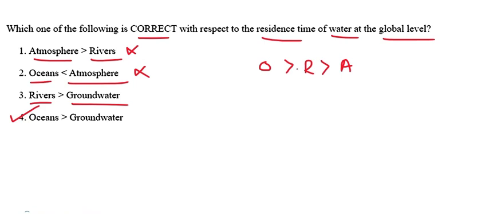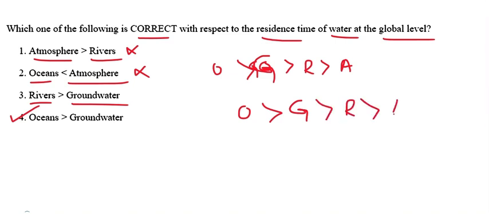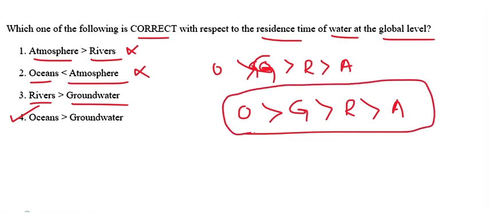And one, groundwater, is missing. It will come here. Ocean, groundwater, river water, atmospheric water. Okay, this is the sequence. Try to remember this sequence. If this question comes again or they ask in another form, you can easily answer such types of questions.